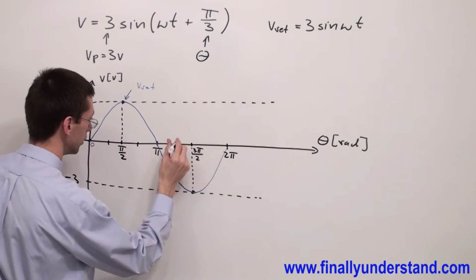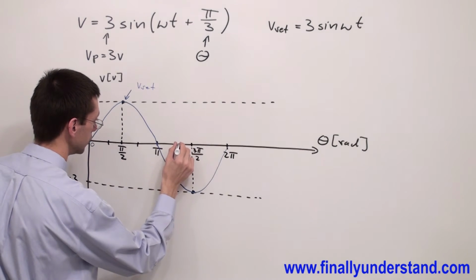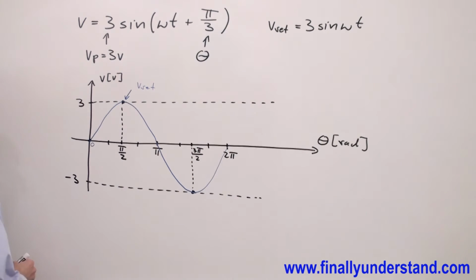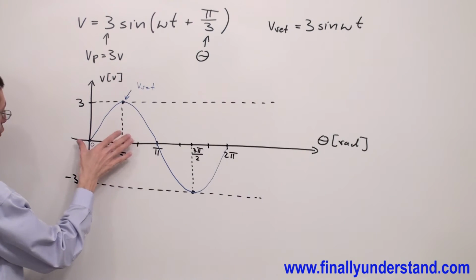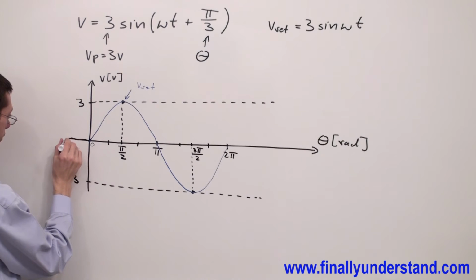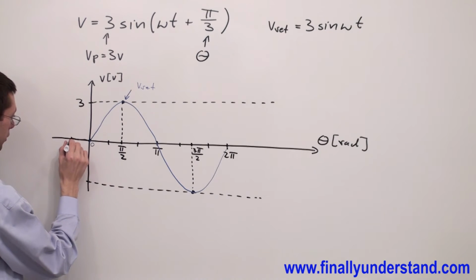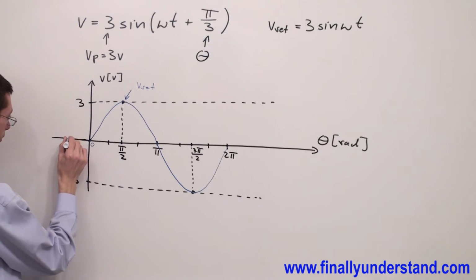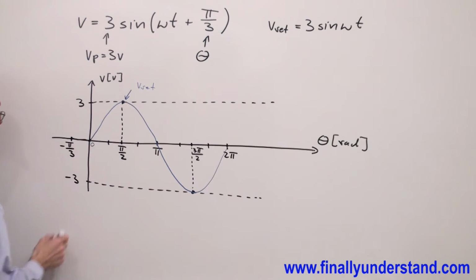And also, this distance I'm going to divide into 3. Now, we said this waveform has to be moved to the left side by pi over 3. That's why I'm going to have negative pi over 3 on the left side of my origin.